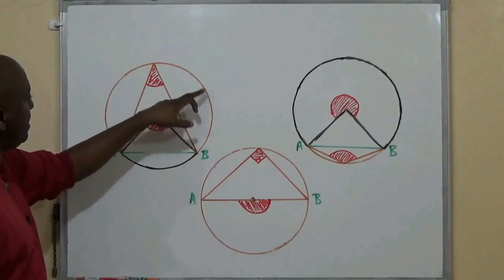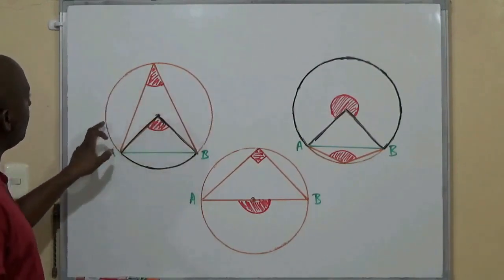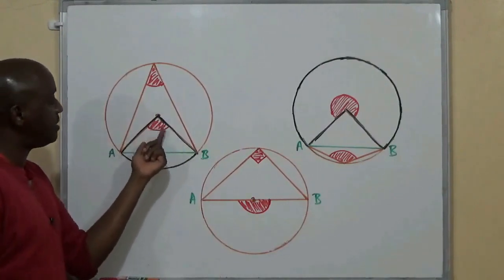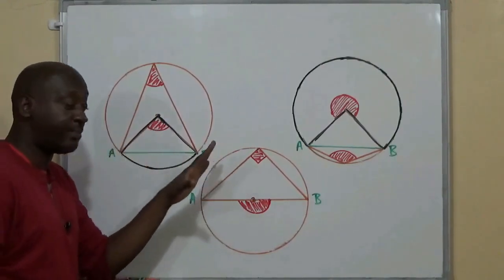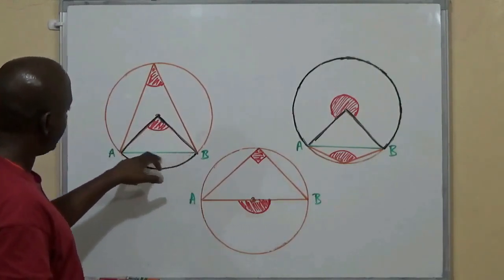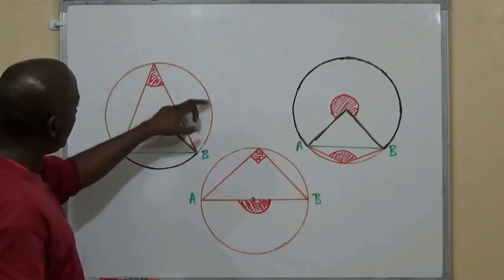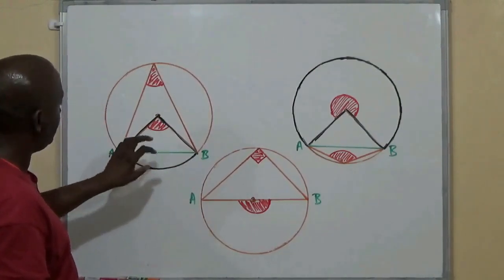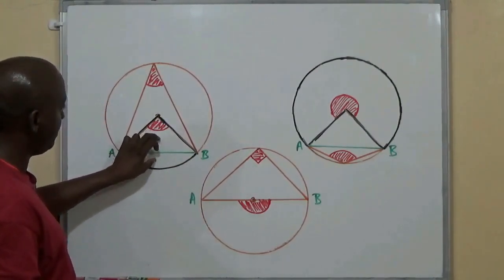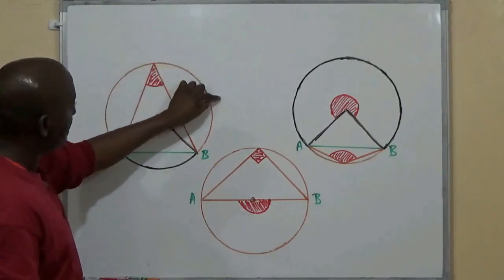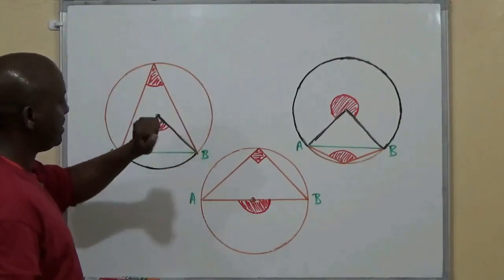So it could be subtended here, or here, or here, or here. All of the different angles will be the same. So once we get the angle subtended at the center in one segment, then that angle is twice the angle subtended by the same chord anywhere along the circumference in the other segment. In this case, we subtended at the center in the minor segment, which means that that will be twice the angle subtended at the circumference in the major segment.